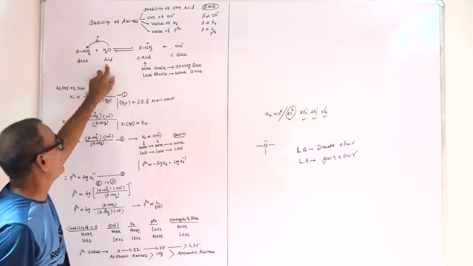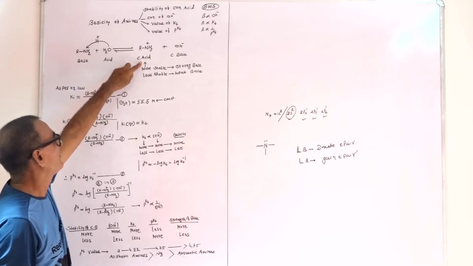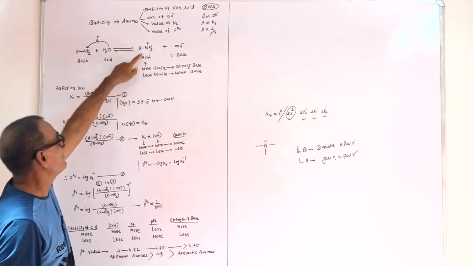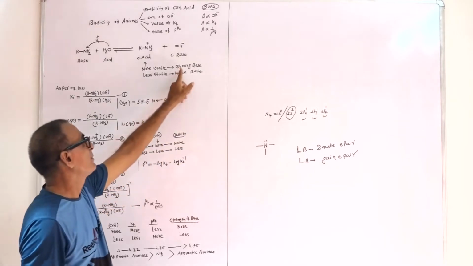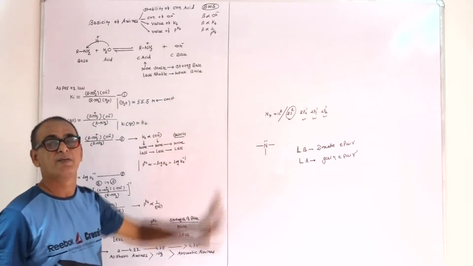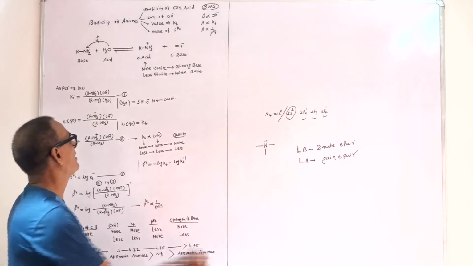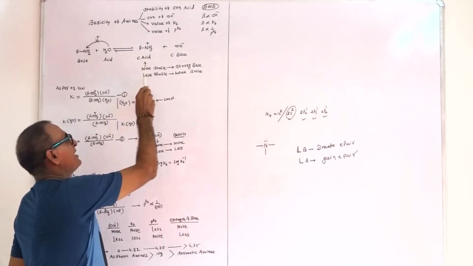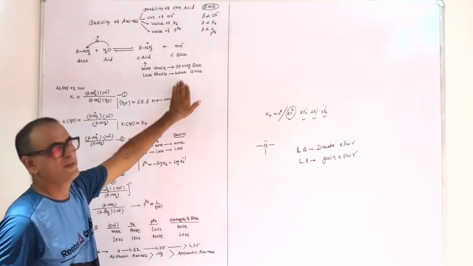Basicity of amine always depends upon the stability of this conjugated acid. If this conjugated acid is more stable, then we will say it is a strong base. If this conjugated acid is less stable, then the base will be weak.